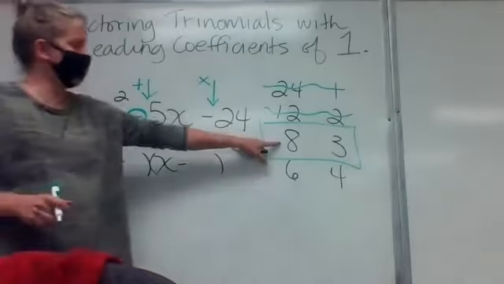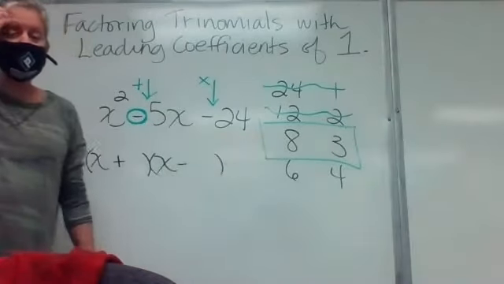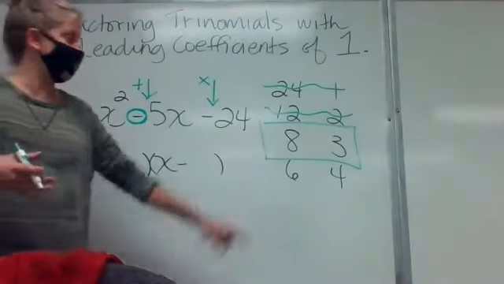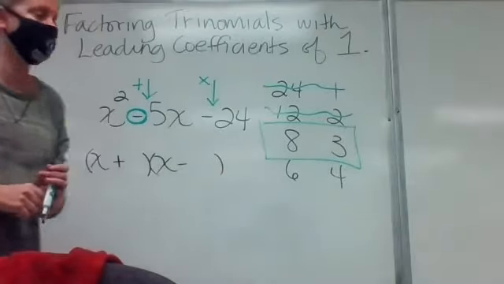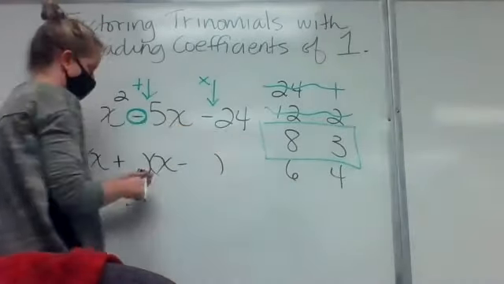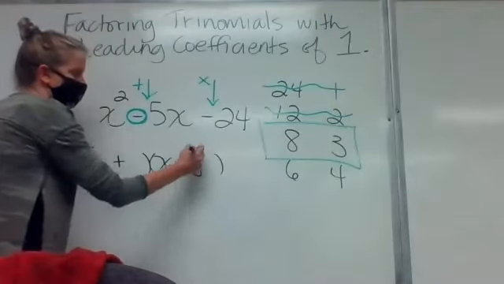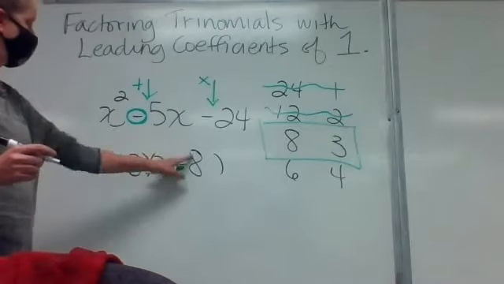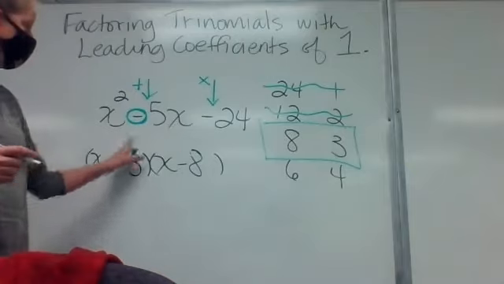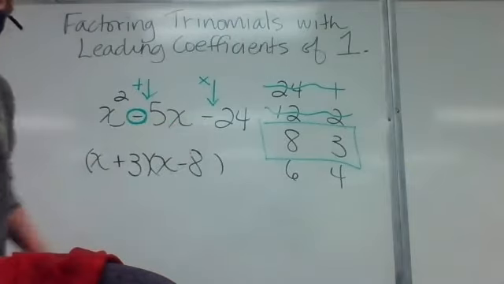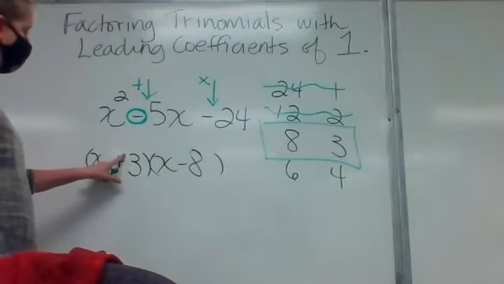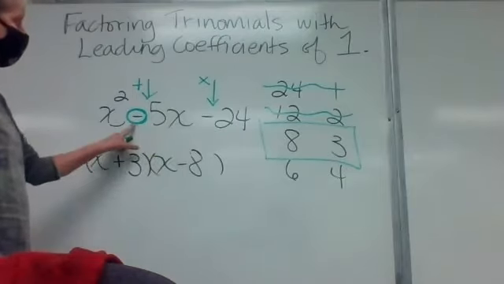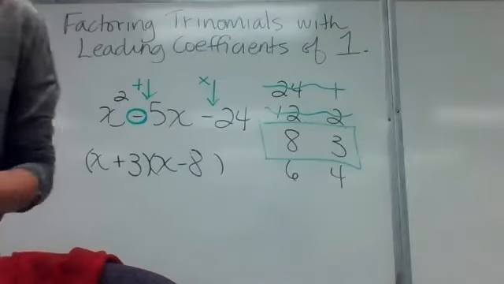So when I look at my pair, if I need more negative, I'm going to need my big number to be the negative number, which means 8 has to go with the negative sign and 3 goes with the positive sign. Multiplies to negative 24. Positive 3 times negative 8 is negative 24. And adds up: positive 3 minus 8 gives me negative 5.